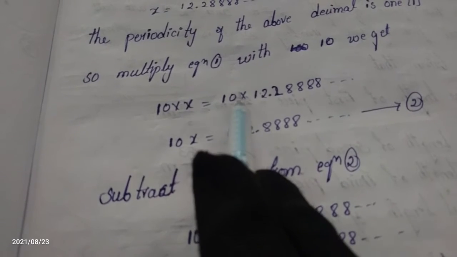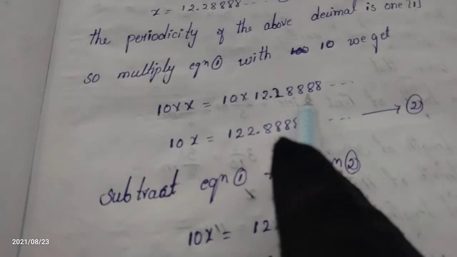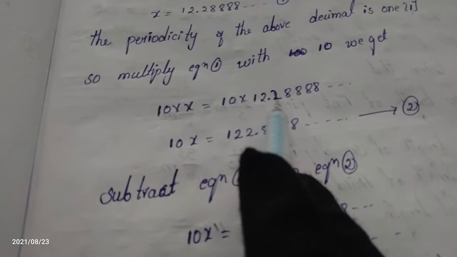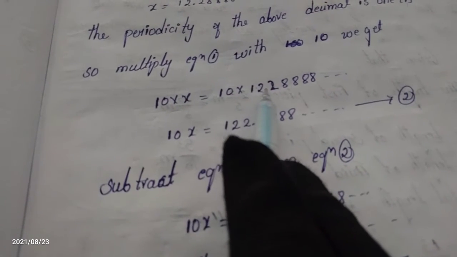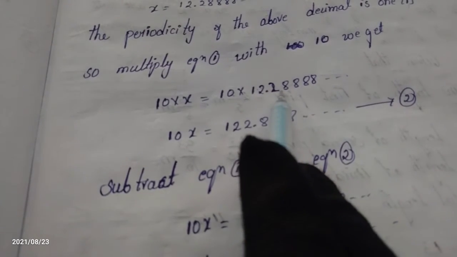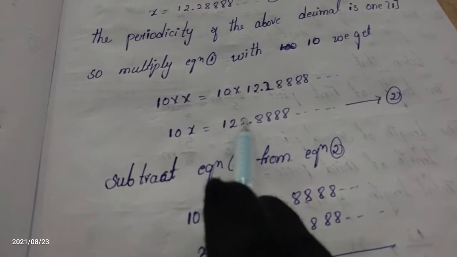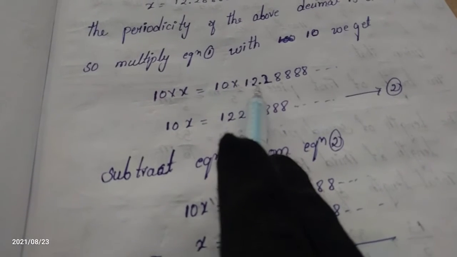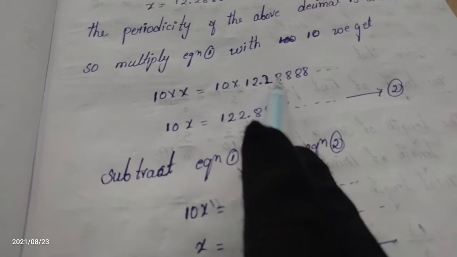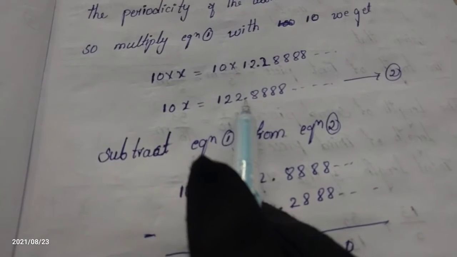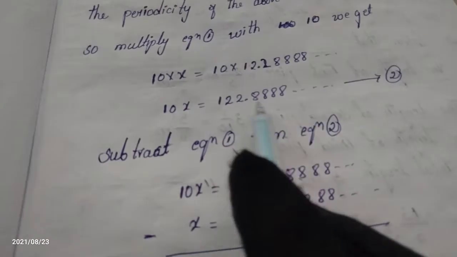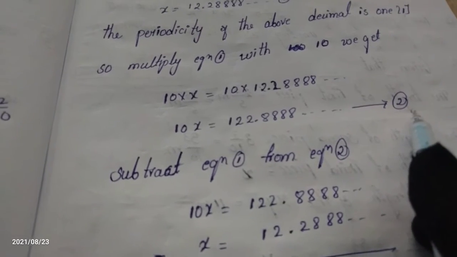If it is 1000, with 3 zeros, the decimal moves 3 places towards the right. I hope you understand my words. With 10, the decimal moves only one place, giving 122.888. Let this be equation 2.